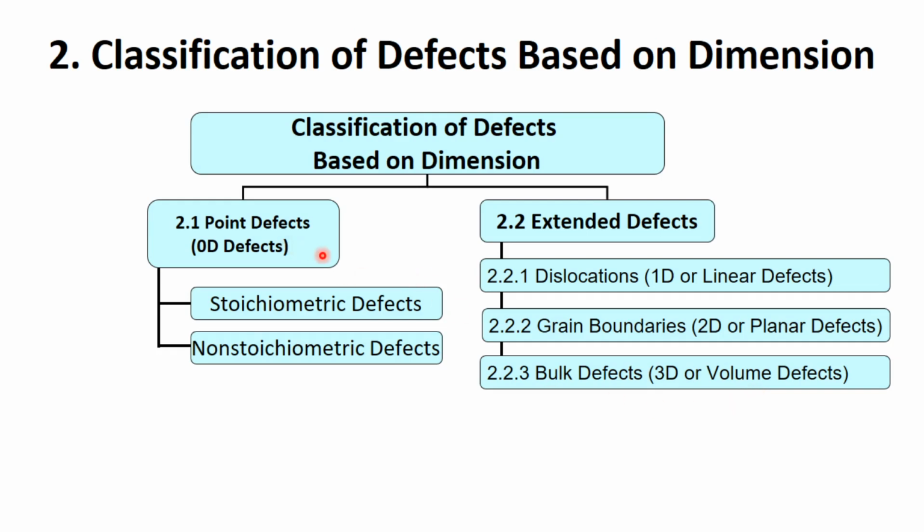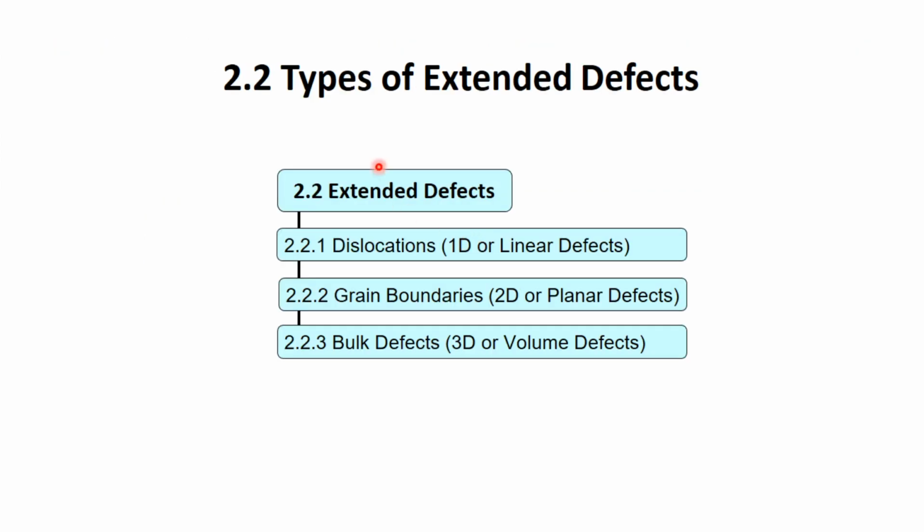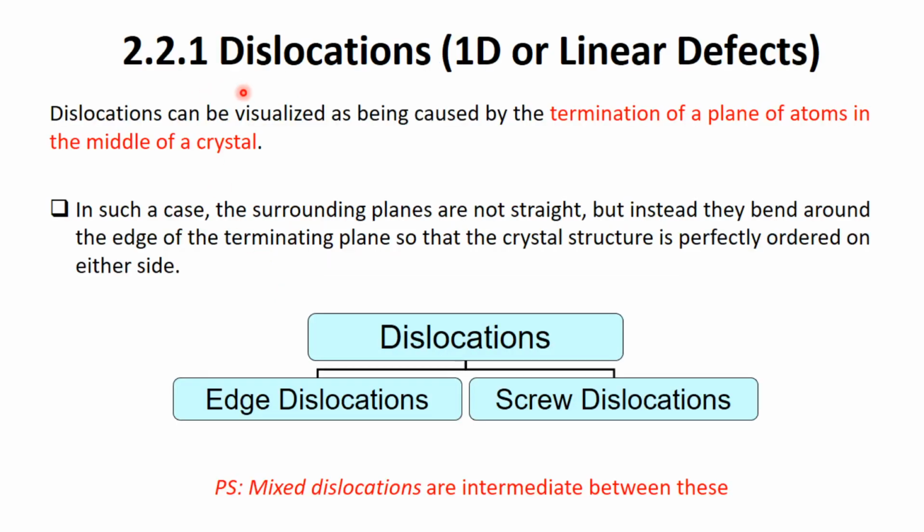As we have already covered point defects, which are stoichiometric and non-stoichiometric defects, let us focus on extended defects. Extended defects can be classified into three types, and let us study them one by one. Dislocation: 1D or linear defects.